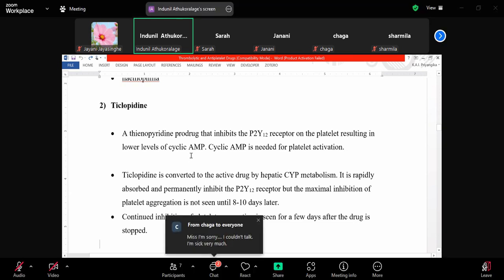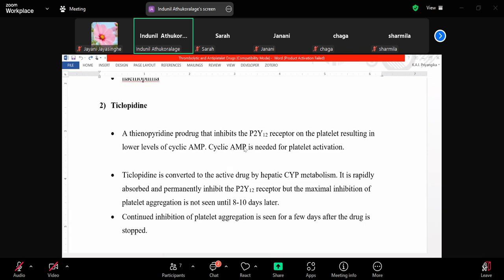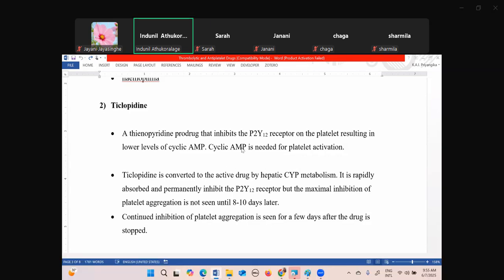Cyclic AMP is needed for platelet activation, because cyclic AMP is like giving energy as well, and it is also important in the platelet activation process. So when the P2Y12 receptor is blocked or inhibited, cyclic AMP level will go down. Therefore, platelet activation will also go down.